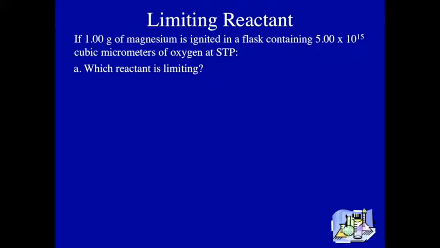A 1 gram sample of magnesium is ignited, burned in a flask containing 5.00 times 10 to the 15th cubic micrometers of oxygen at STP. Again, accelerated students are expected to be able to change units from one to another, really at all levels. So we'll get through this.